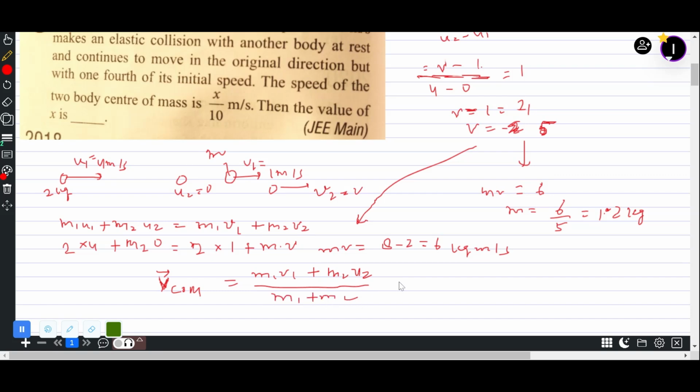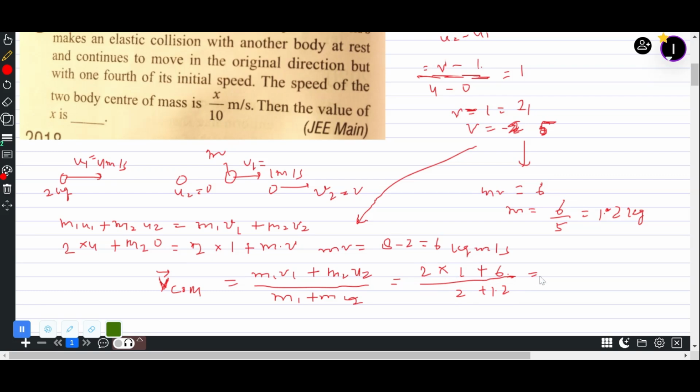We have all the values now. m1 is 2 kg, v1 is 1 meter per second, m2 v2 is 6, m1 is 2 kg, m2 is 1.2.